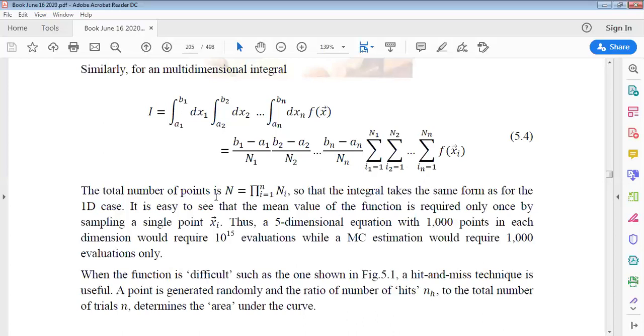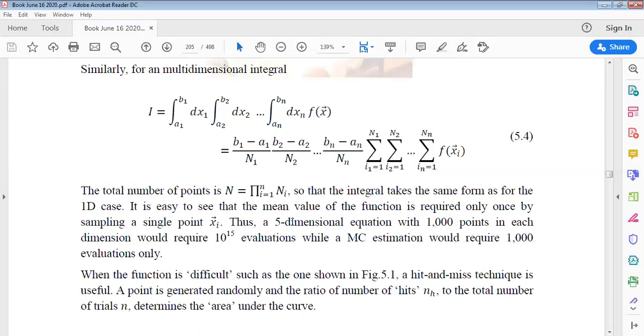The total number of points that you've got is now a product because of the number of dimensions. It's a product of ni that you take in each dimension, so that the integral takes the same form as for the 1D case. Now it is easy to say that the mean value of the function is required only once by sampling a single point, which is the vector x for the ith evaluation.